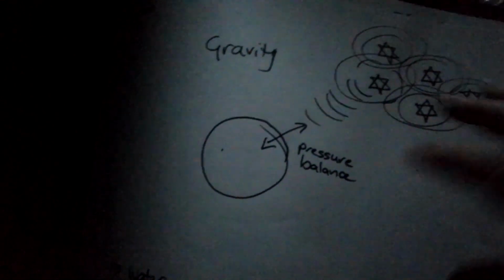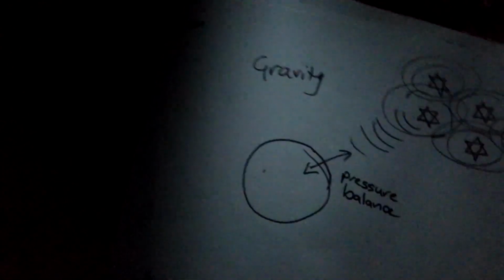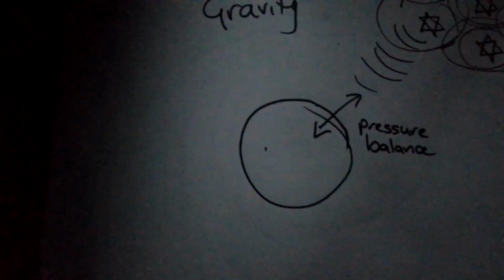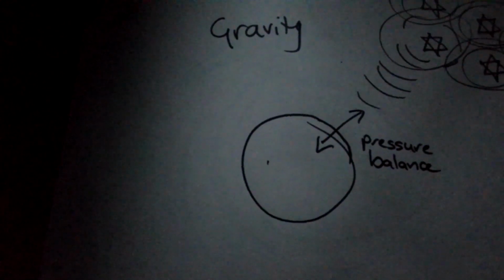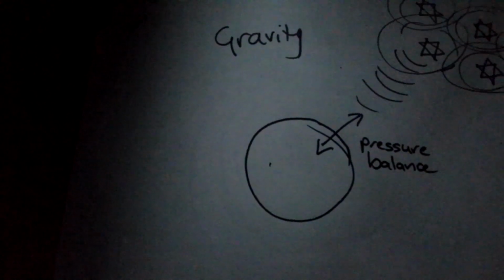So it's in a balance between universal wavelengths and pressures and forces, and that which exerts from this body of matter that we call the moon, that affects our tides.